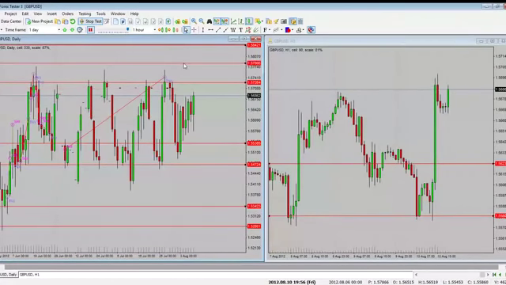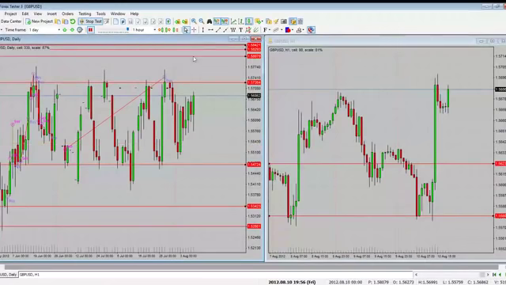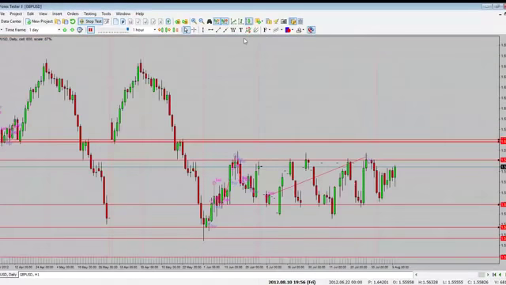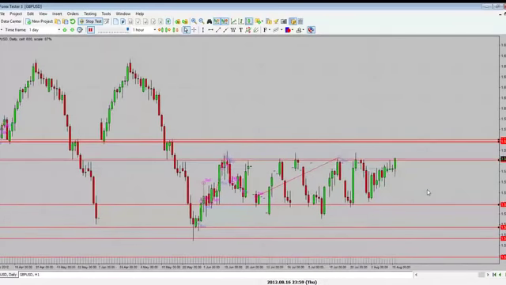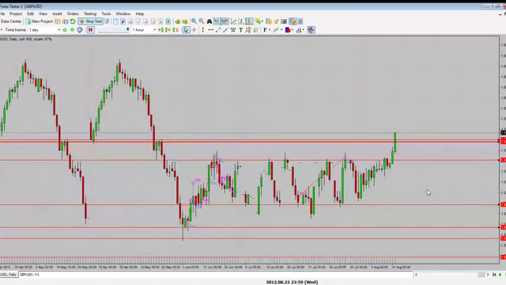If we were to remove these two here and expand this chart, price is just range bound here and not really going anywhere. There we go. Now we have gone through the range and we have some market direction, but for basically an entire summer, price just sat through here. And in August here, we have seen price go through.